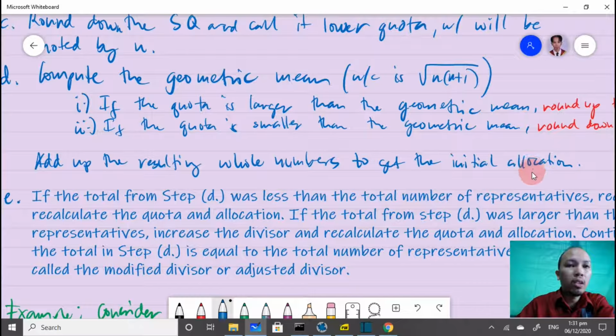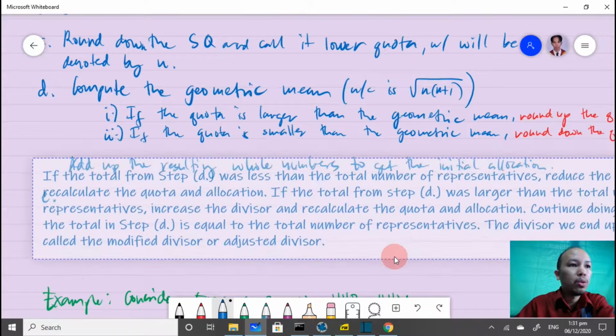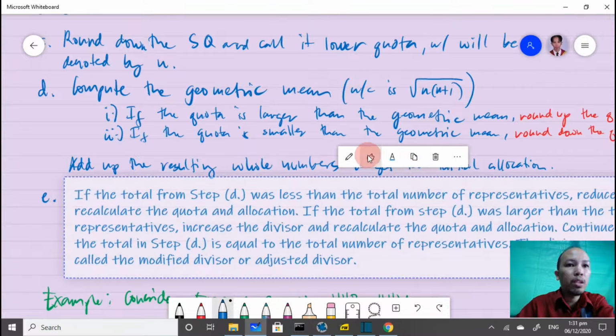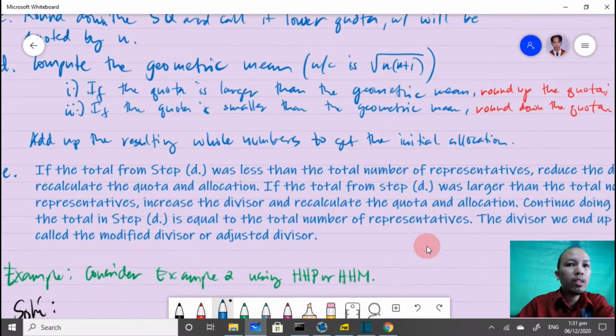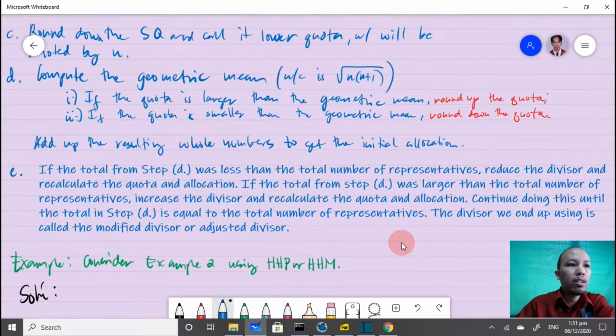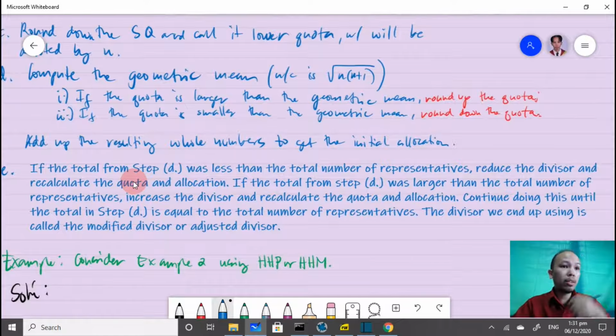If it is equal to the number of representatives, then you are going to stop. If it is not, then you have to go to procedure letter E. In procedure letter E, it says that if the total from step D was less than the total number of representatives, you are going to reduce the divisor, and recalculate again the quota and allocation.